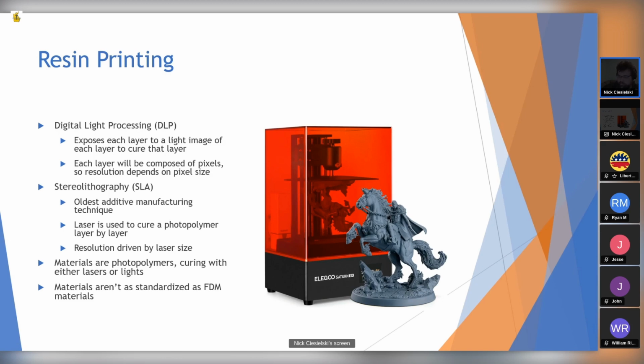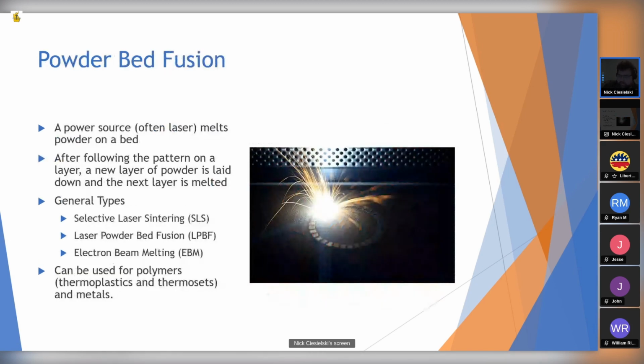So, powder bed fusion. This is getting into the industrial side. What you get here is basically a layer of metal or polymer powder, whatever the printer's made to print, that will lay across the entire bed, and then you're going to have a laser or other energy source, electron beam, however the machine works, that is going to basically print the pattern out on that layer.